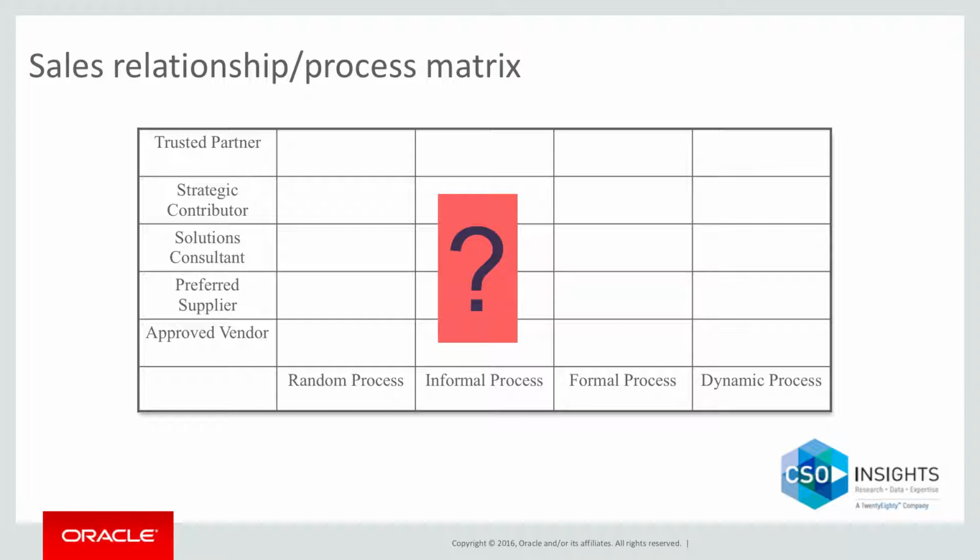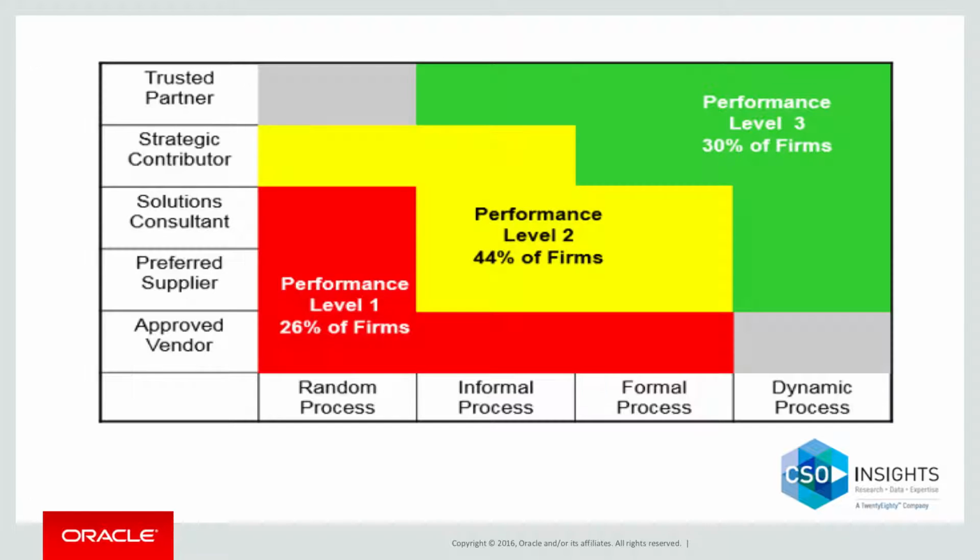And so what that looks like, and here are the latest figures from the 2016 Sales Performance Optimization Study that was released earlier this month. You'll see about a quarter of firms are down at performance level 1, 44% of firms are at performance level 2, and I'll tell you the metrics we use to define these in just a second. And then the remaining 30% are at performance level 3.